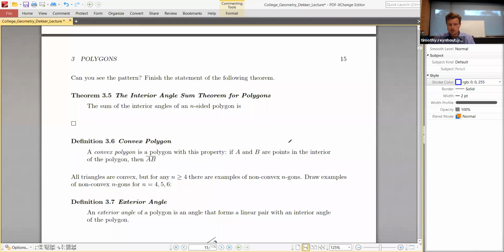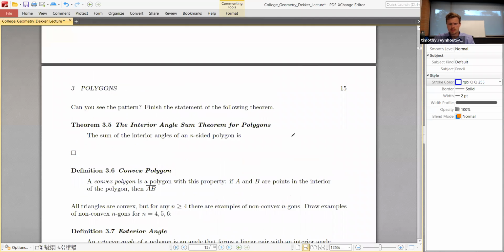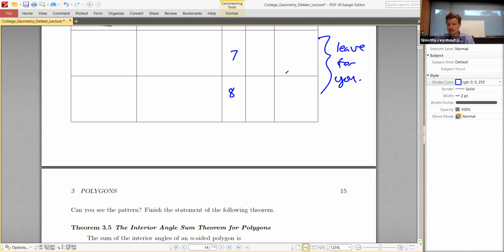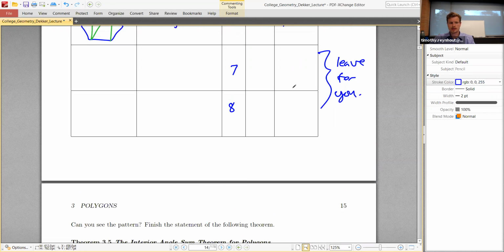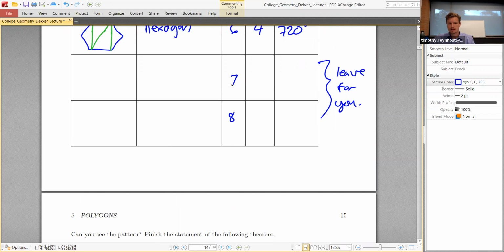So hopefully you've noticed a pattern which would allow us to identify the sum of the interior angles based on the number of sides. Of course there might not necessarily be a pattern. Well, there is a pattern to the names for the most part, but the figures themselves can be drawn many different ways.